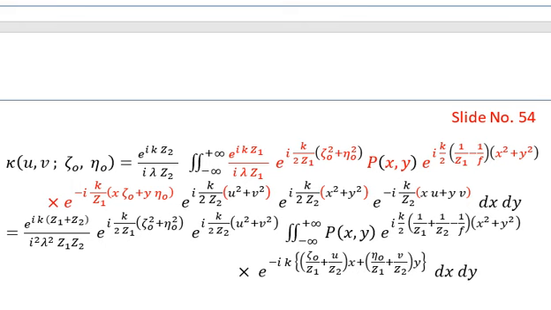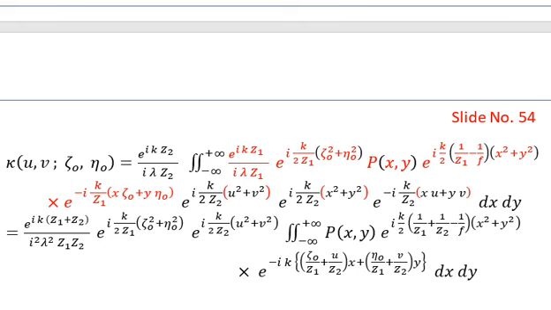For example, if you look at the second row in the integral, we have combined the three terms as e to the power iota k over 2, and within the parentheses we have 1 over z1 plus 1 over z2 minus 1 over f, and outside we have x square plus y square. And similarly we have combined the other terms.